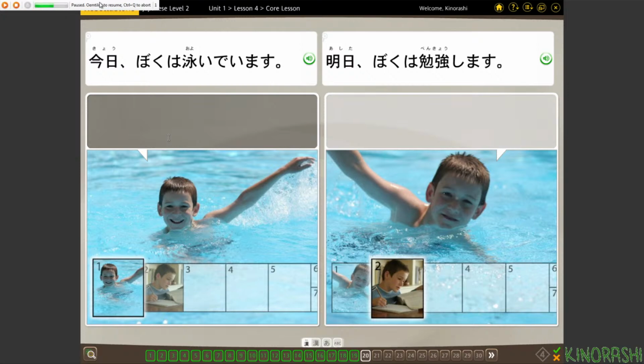Why they don't use some of, well, use other conjugations in that sentence.